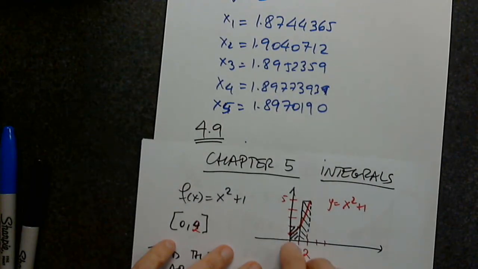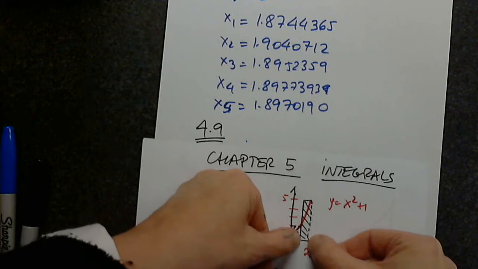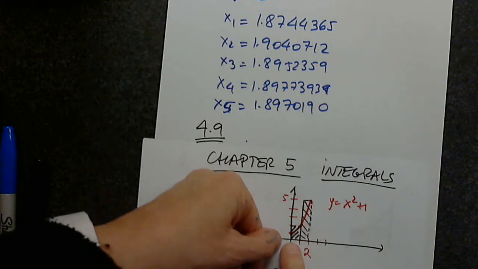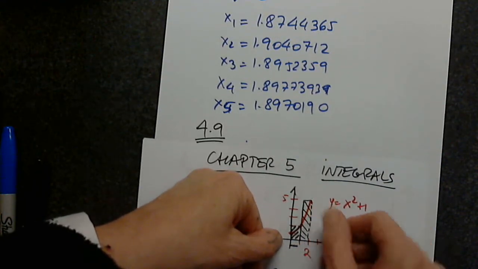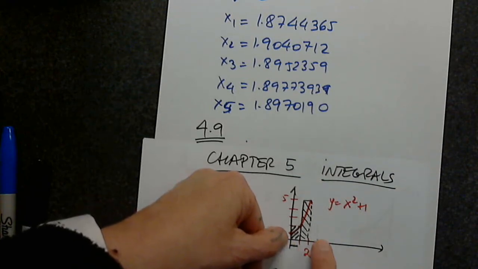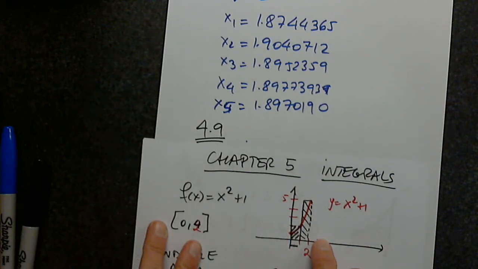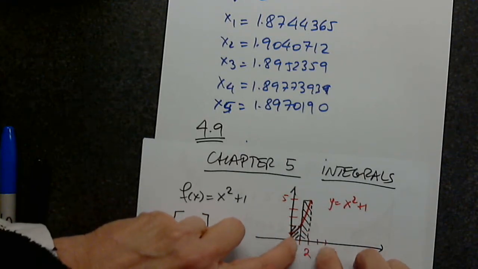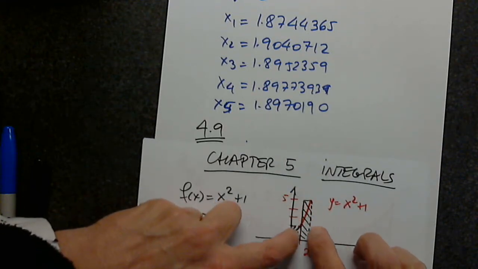So if I use 2 subintervals and I use the height of the rectangle at the rightmost point, then I get the base times the height plus the base times the height. I start from 0 to 2. So the interval is 0 to 2. I have a rectangle between 0 and 1, and I have a rectangle between 1 and 2.